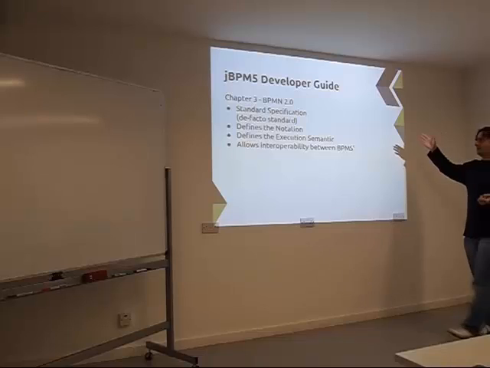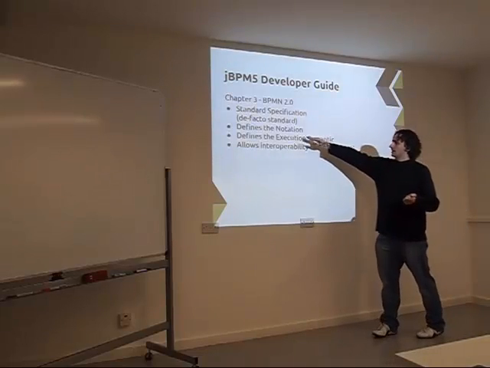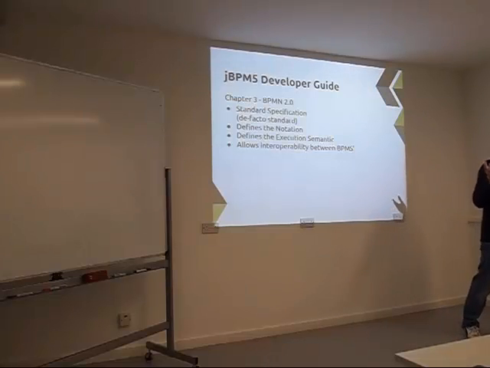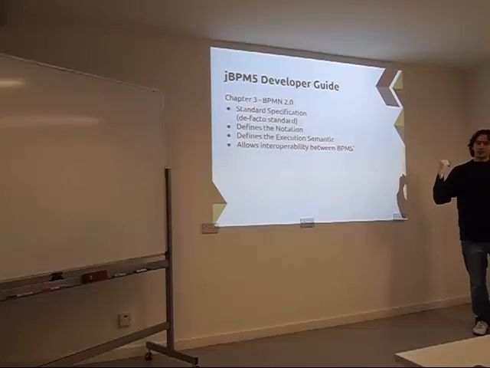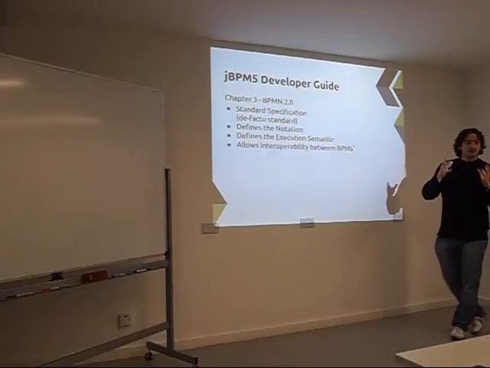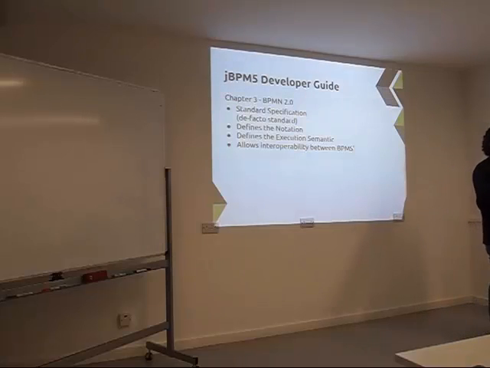And the idea behind BPMN 2 is that it defines not just the structure of the language, so not just the syntax of an XML language, it also defines the graphical representation of the nodes. So if I have my BPMN 2 editor, and you have your BPMN 2 editor, and I share a process with you, you will immediately understand it.